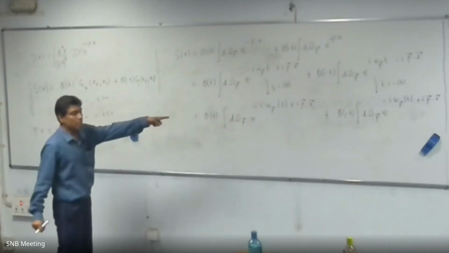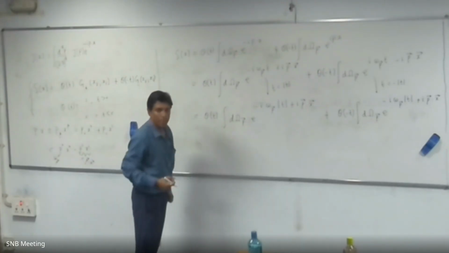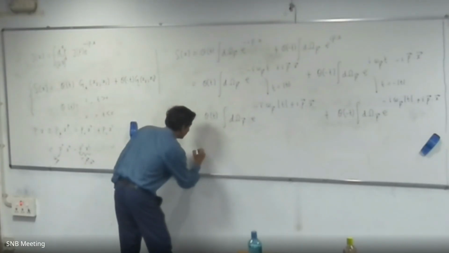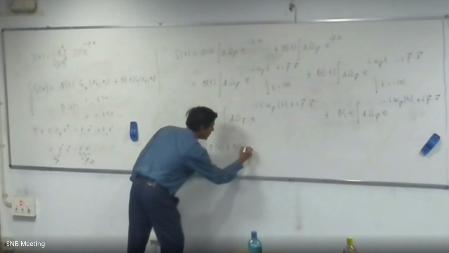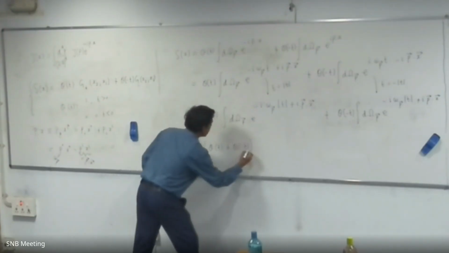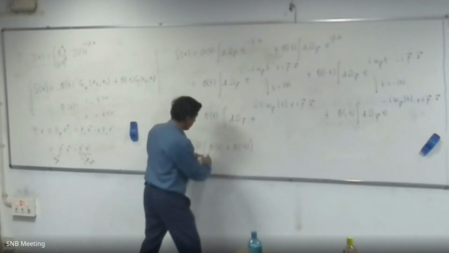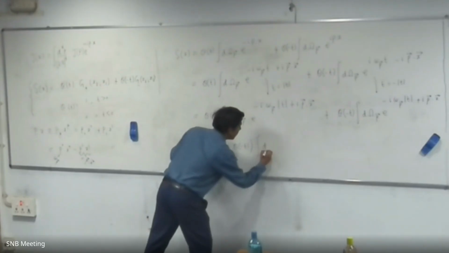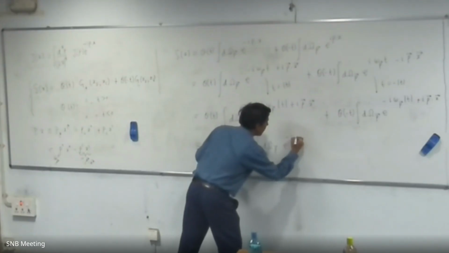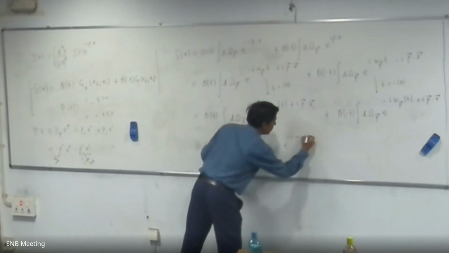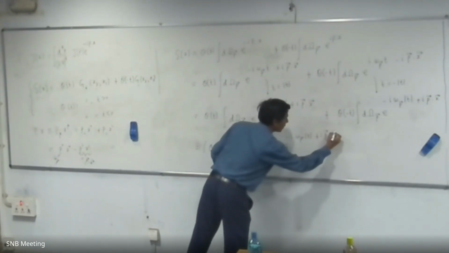So now you can see the beauty here. What you wanted, to remove the theta function, that will happen. You wanted to get rid of this theta function, right? This term and that term are common. Both are the same terms. So now you can write this as d omega p e to the power of minus i omega p mod of t plus i p vector dot x vector.